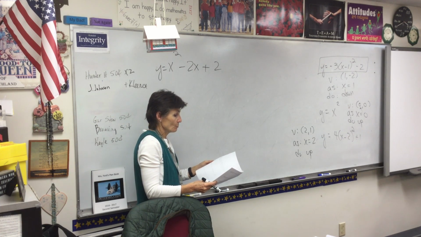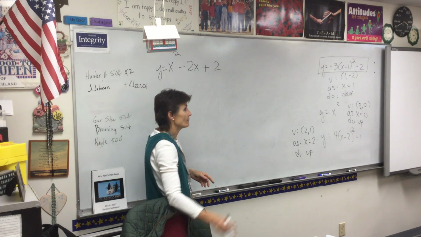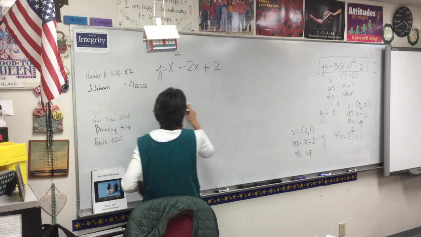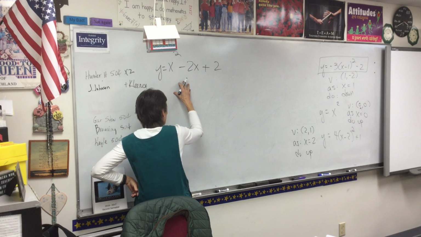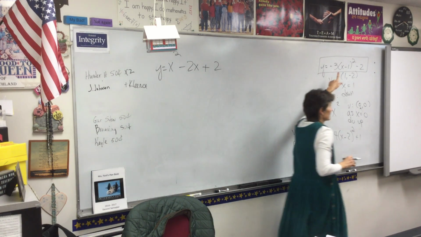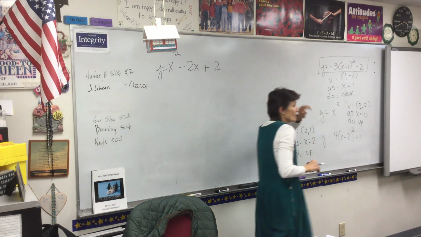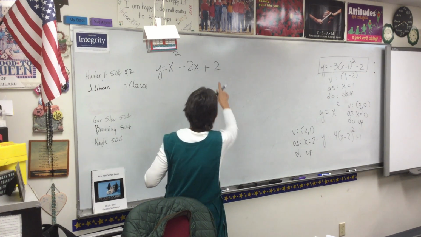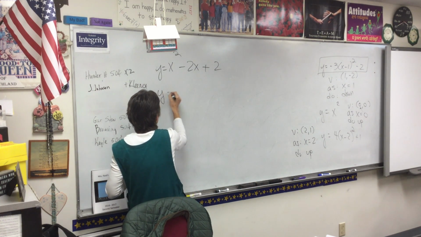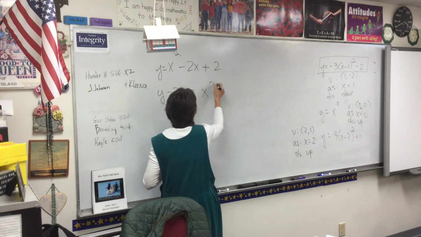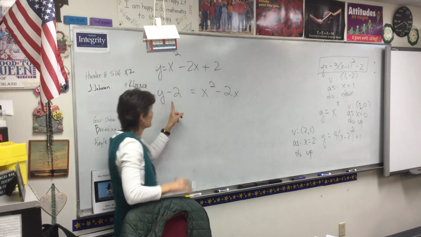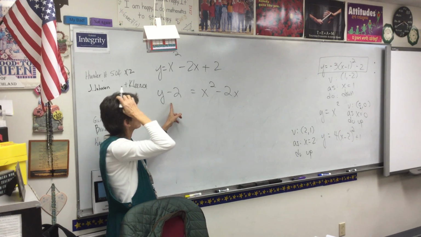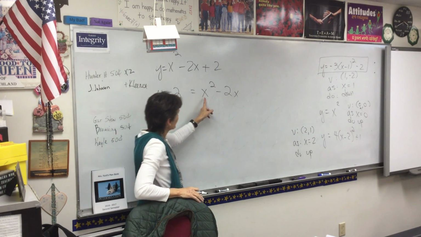So here's how this works. I have to somehow make this equation look like this. So the first thing I'm going to do is move the 2 to the other side. So I'm subtracting that 2 over to the other side. So now it's y minus 2 equals this.